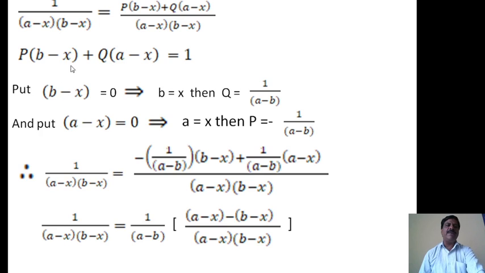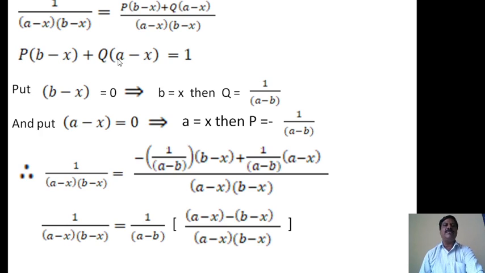First, take b minus x equal to 0. Then this implies b is equal to x. Substitute x is equal to b in this equation. What do you get? Putting x equal to b, here b minus x becomes 0, therefore the whole p term vanishes.